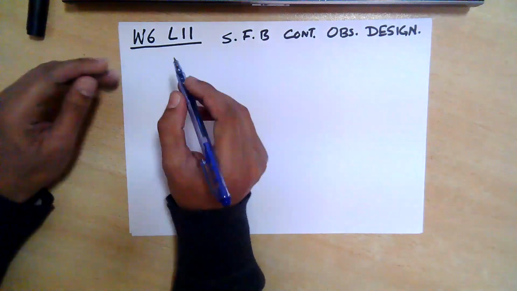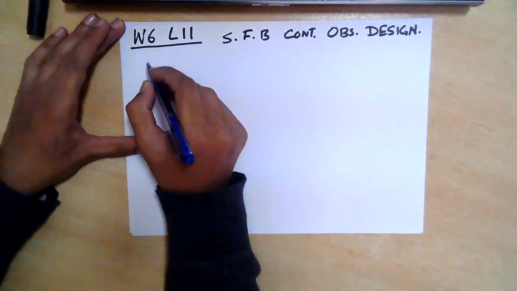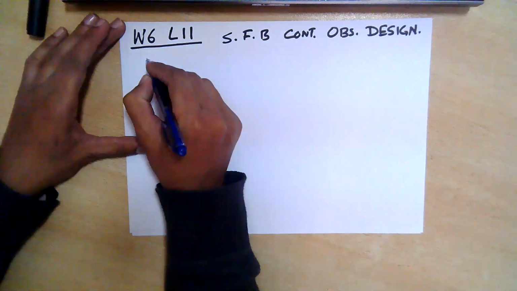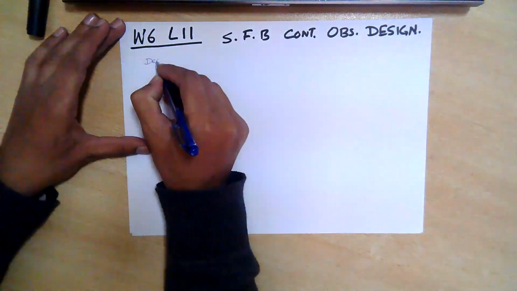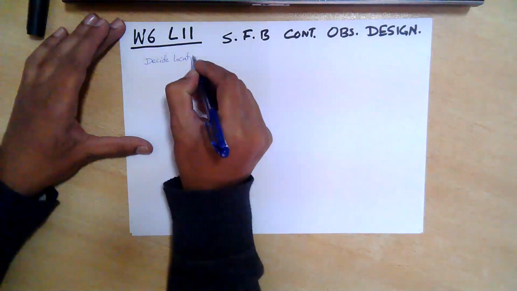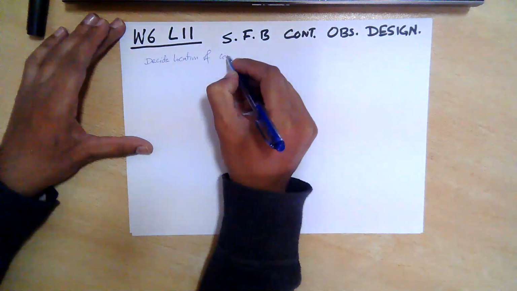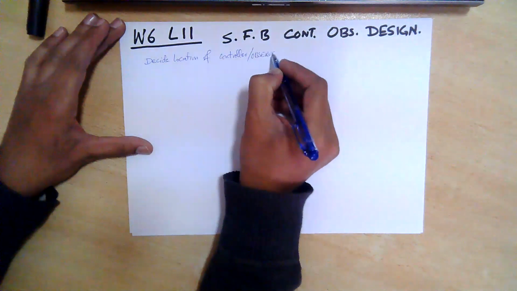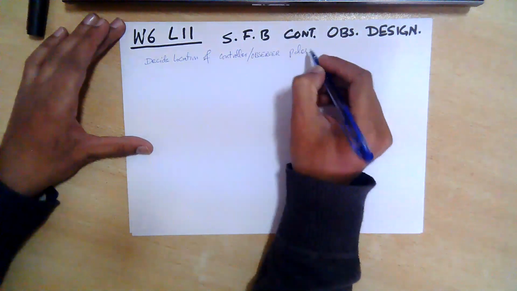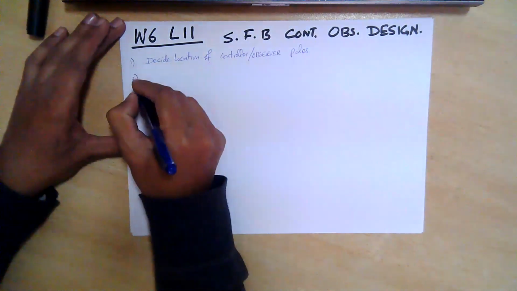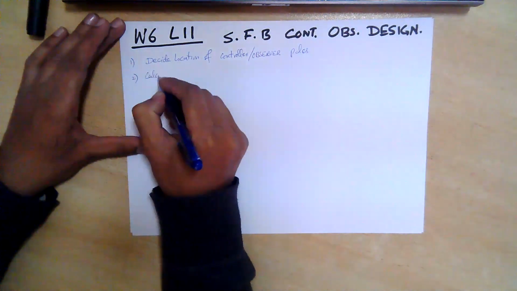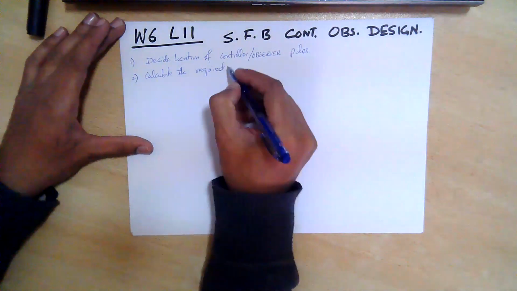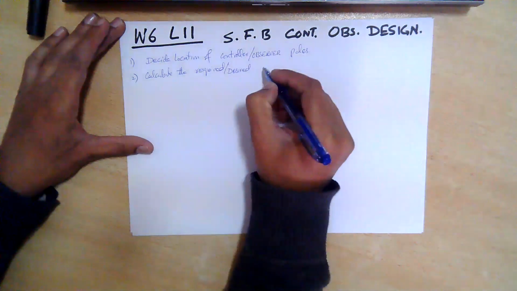controller and observer design. And for the control design, what you need to do is decide the location of poles of controller and observer poles, and second, calculate the required or desired characteristic equation from the poles.